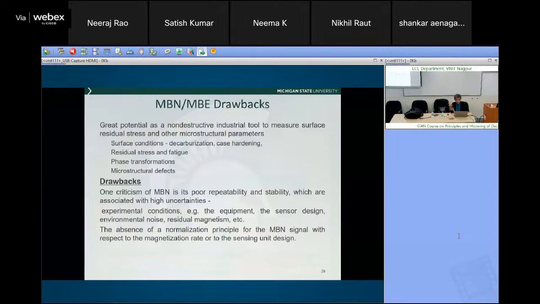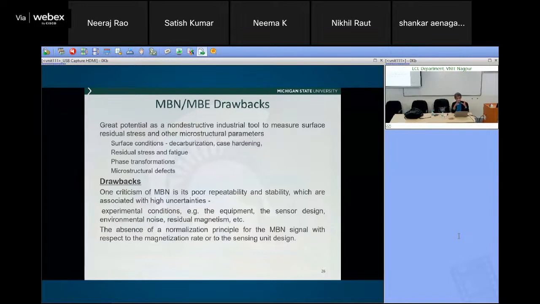Case hardening is a deliberate method. In automotive brakes, for example, you have steel systems. You want to use case hardening for making it stiffer and stronger. And so there are some applications where MBN is used.